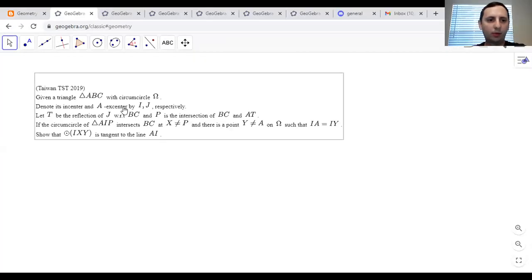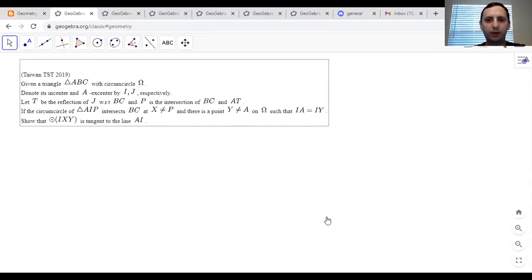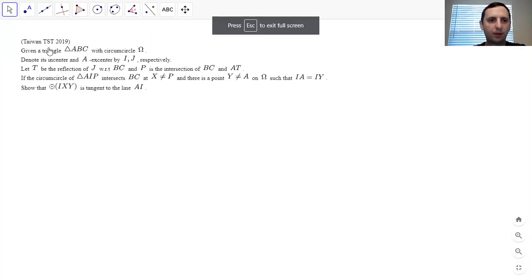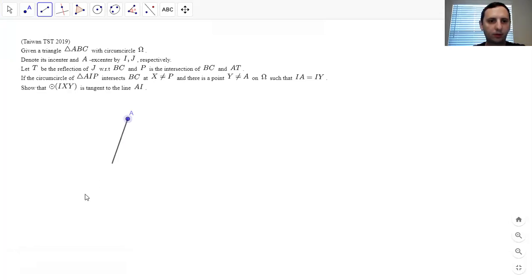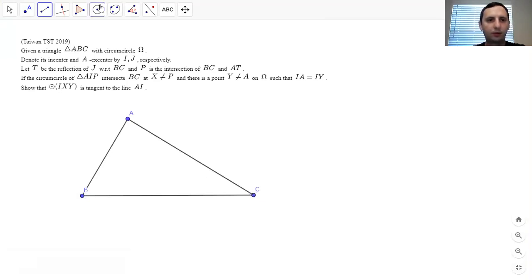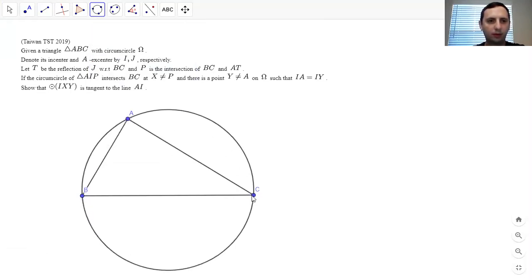Last time I did mostly problems from 2020, and this time I'm doing 2019. So we have a triangle with circumcenter omega, and we draw the A-excenter and the incenter. I might just use the incenter-excenter lemma, because that's often the easiest way to do things.